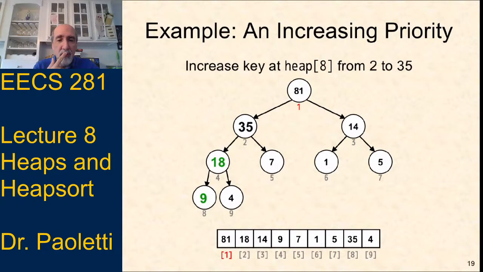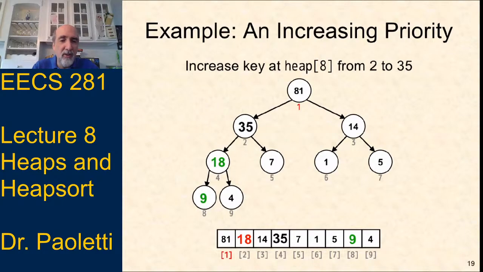Well, 8's parent must be at index 4, so we check, hey, 35, are you higher priority than your parent 9? Yes, you are, so let's swap 35 and 9. Okay, so we swap 35 and 9, then we compare 35 at index 4 to its parent at index 2.